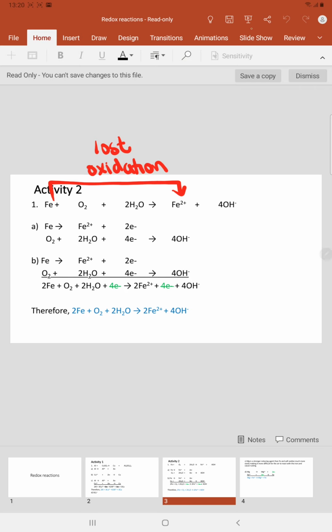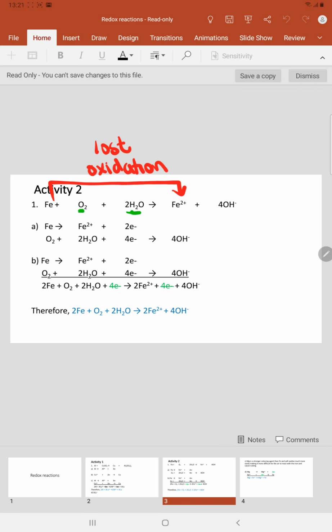So we have O2 and H2O. So when we look at our table of standard reduction potentials, we need to find an equation that includes oxygen and water to form a product, and that equation needs to be balanced.